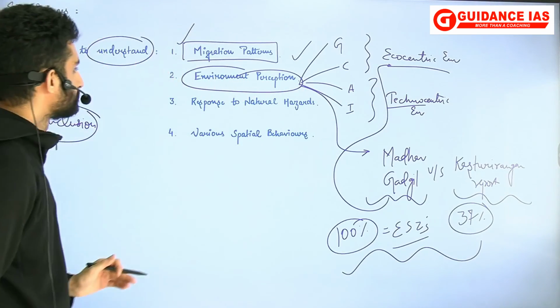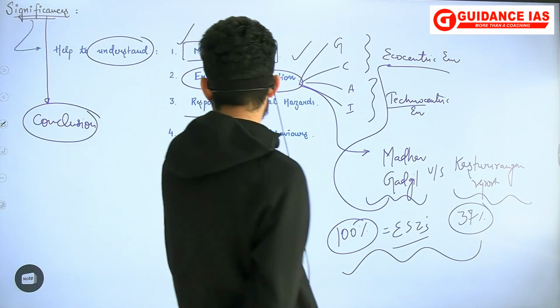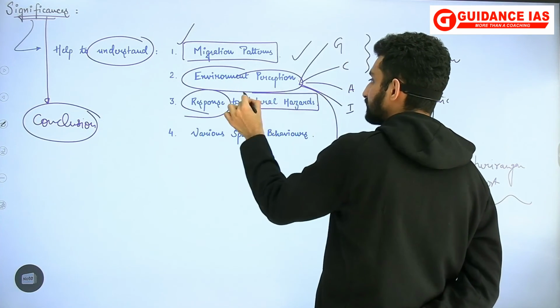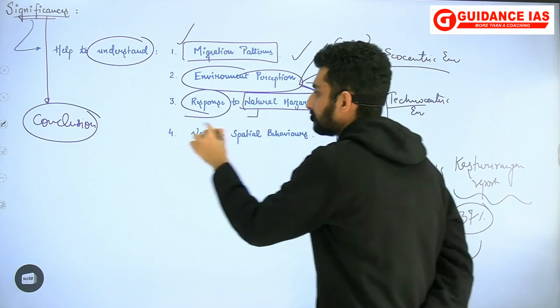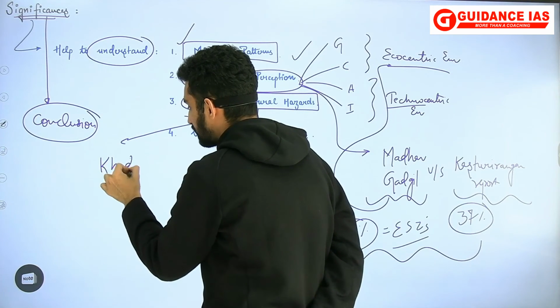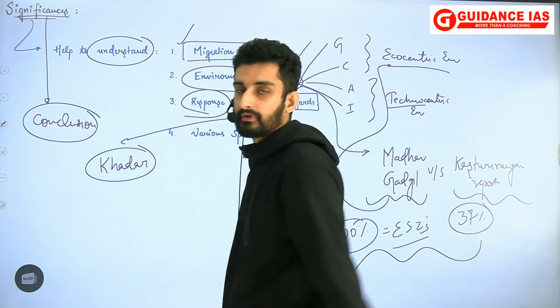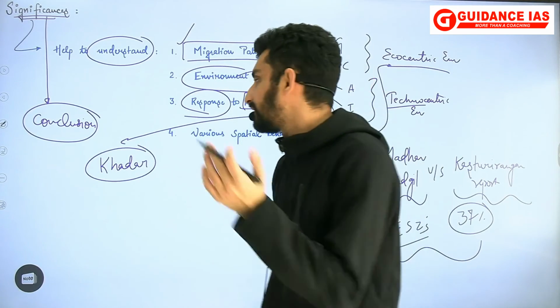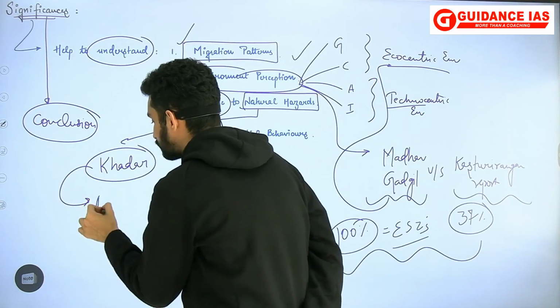At the same time, it is also useful to understand natural hazards. So there are certain people who have the behavior to live in the Khadar region of the Ganga, because Khadar is the region which has annual enrichment.